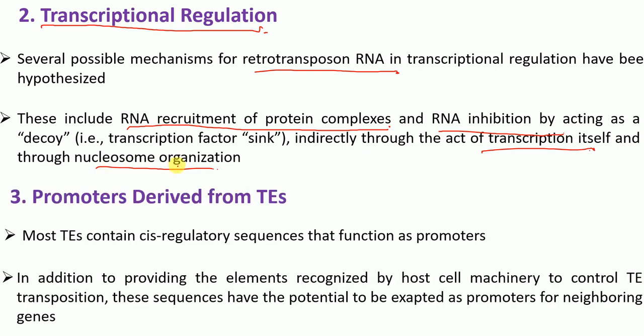Okay, so another way these transposable elements function is as promoters derived from transposable elements. For example, most transposable elements contain cis regulatory sequences that function as promoters, in addition to providing elements recognized by the host cell machinery to control TE transposition.